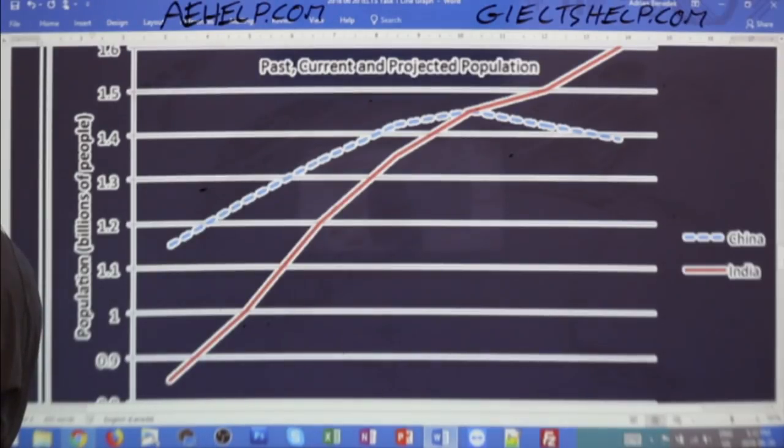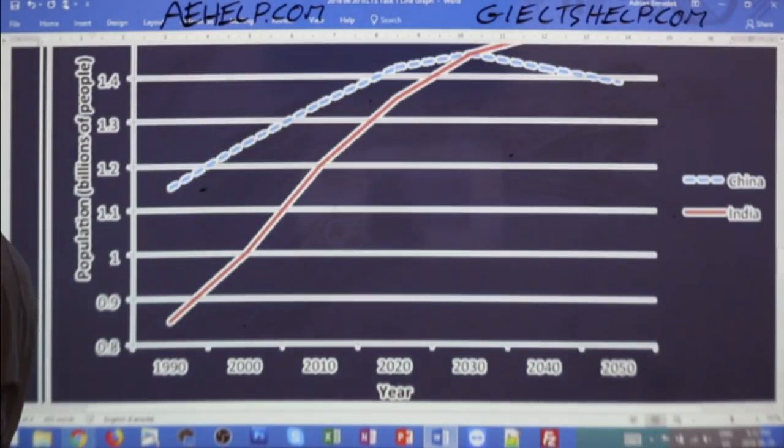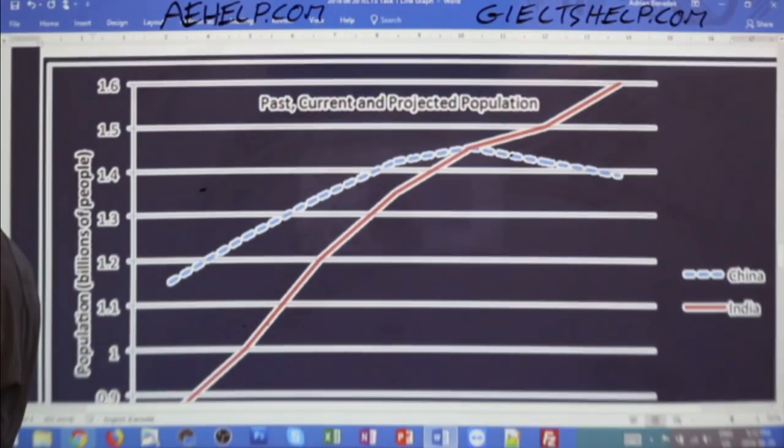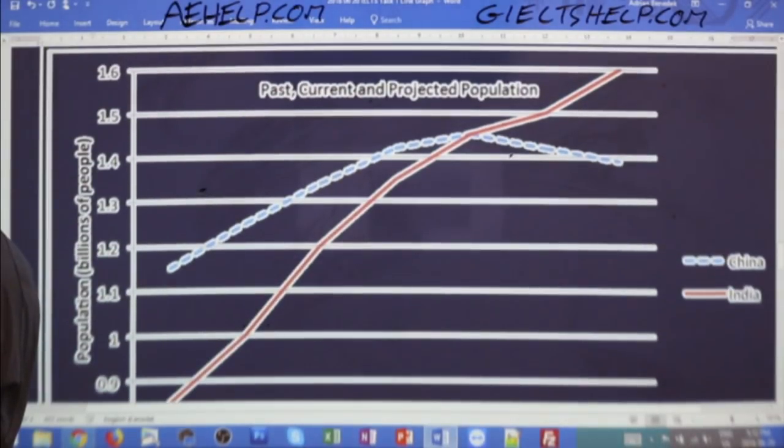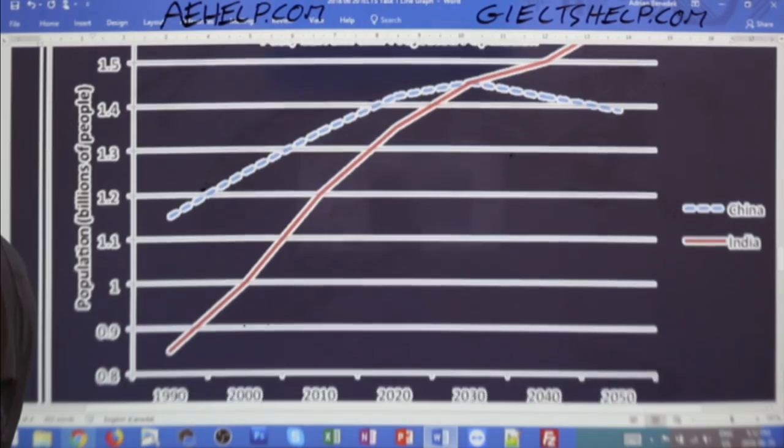Approximately just under 1.3 billion and India 1.6, right?